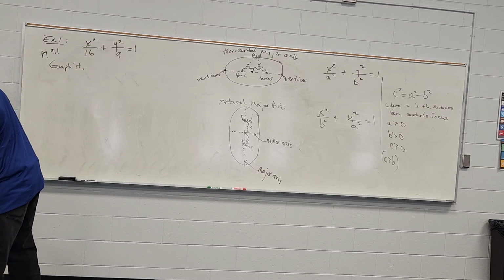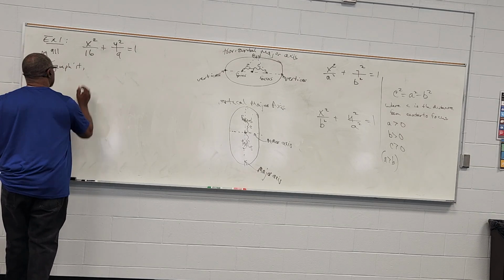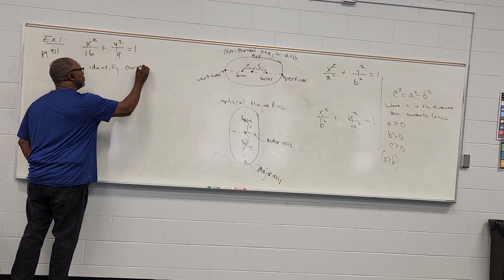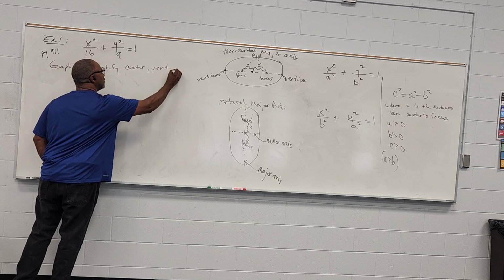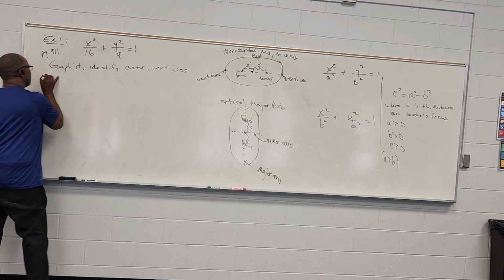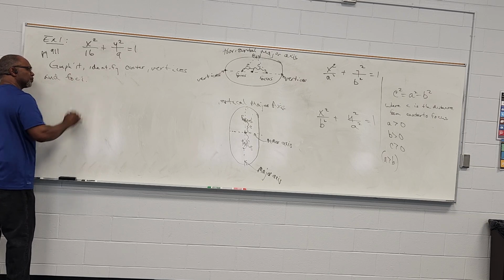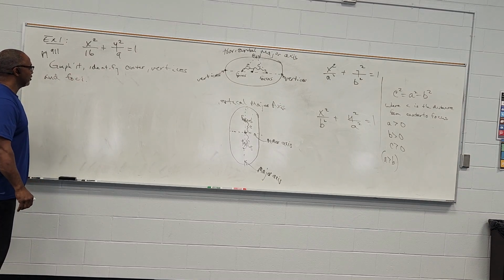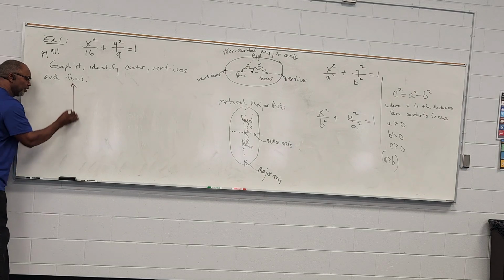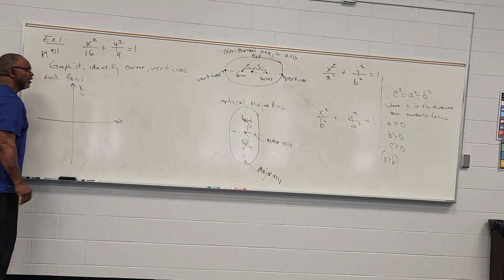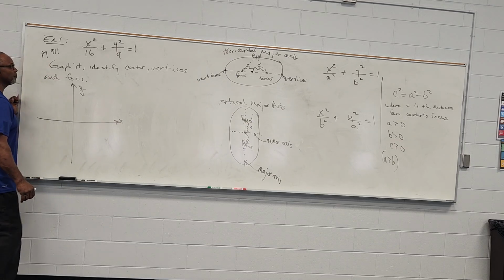They want us to identify the center, vertices, and foci. Well, the easiest thing to do first, in this case, is probably just to graph X and Y, and that's going to help us determine the rest of that stuff.